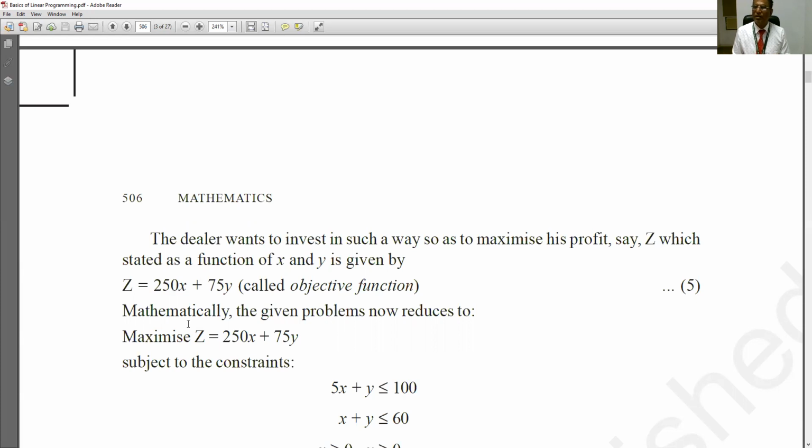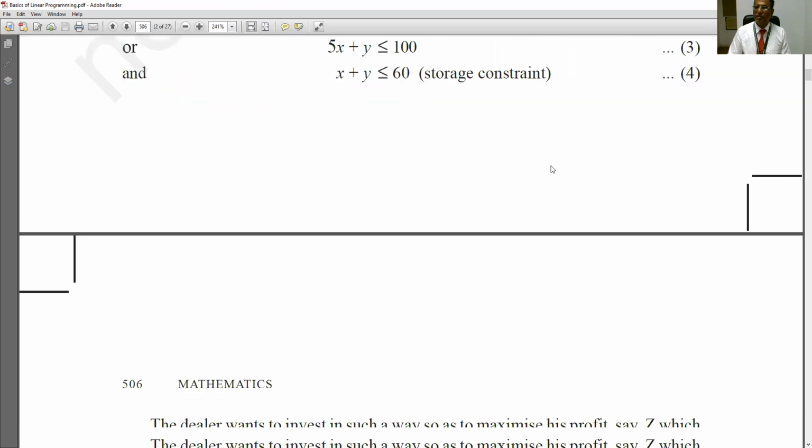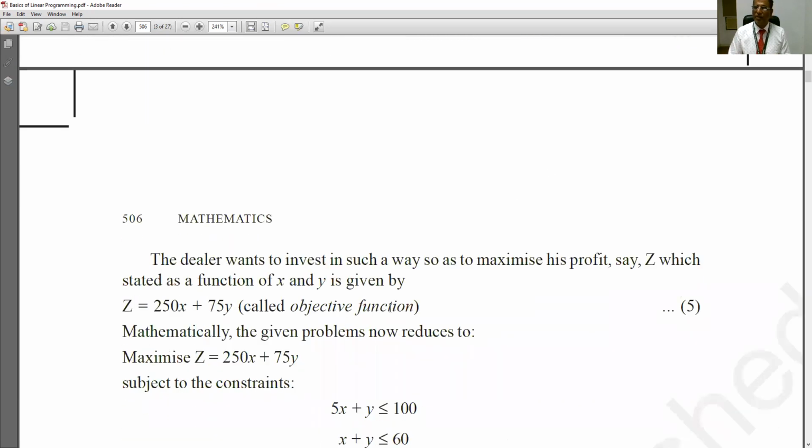So students, I hope that you have understood what is investment constraint, what is storage constraint, and what is objective function in the basics of linear programming problem. Thank you very much for listening and enjoying this lecture. I hope you have understood.